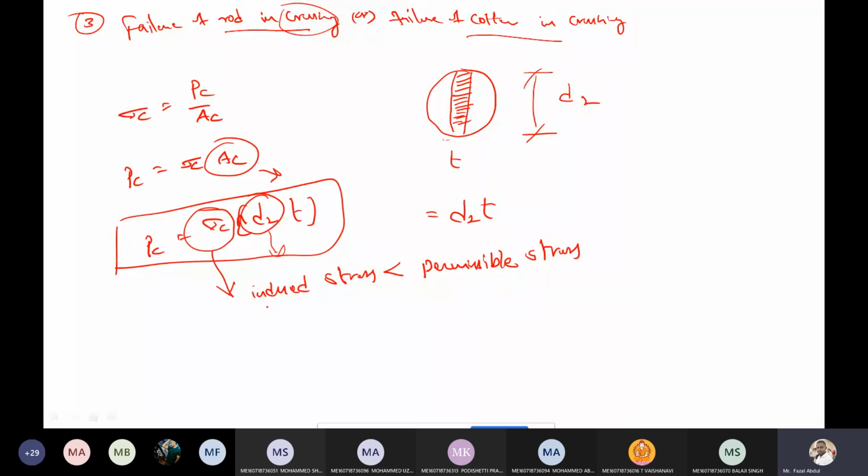If our value is less than the permissible value, then our design is safe. If it is not safe, you have to recheck the procedure you did previously. If it is again the same, then consider this as the basic stress value and design the D2 value. Is it right?